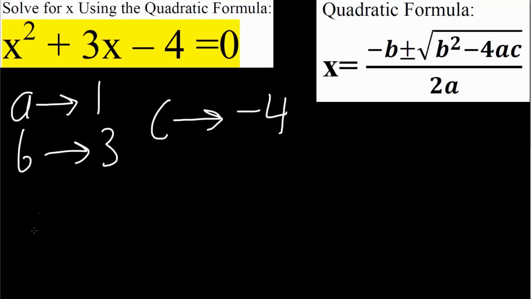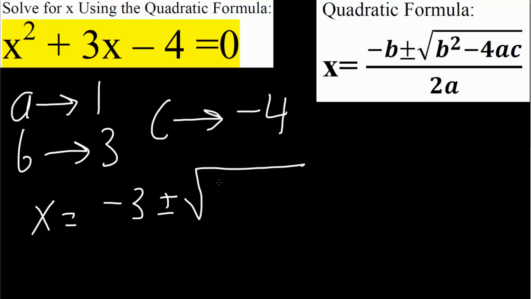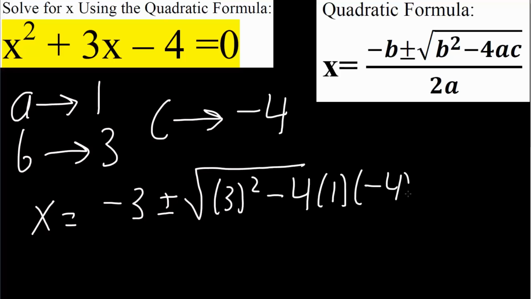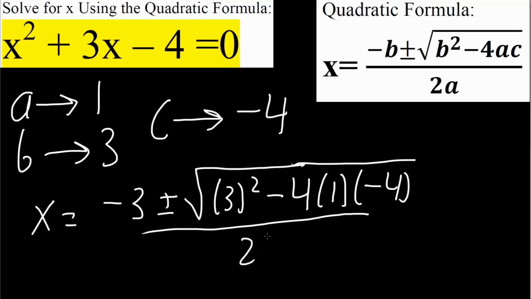So we could say that x is equal to minus b, so minus 3, plus or minus the square root of b squared, so 3 squared, minus 4 times a, which was 1, times c, which was negative 4, divided by 2a, so divided by 2 times 1.